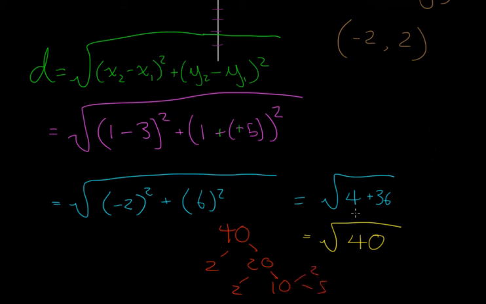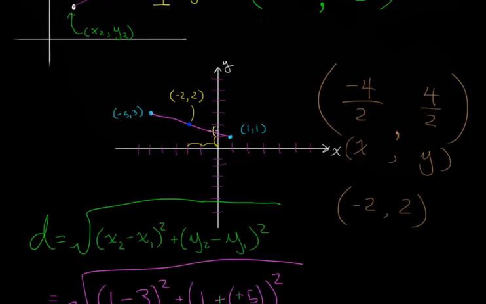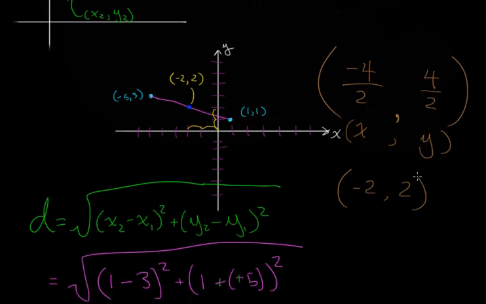So you can simplify this to 2 root 10, or you can write the approximating decimal, which is 6.3246, about. So that's the distance between these 2 points, about 6.3246, and we found the midpoint, which is negative 2, 2.